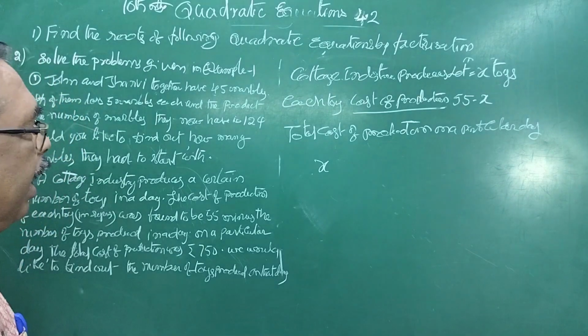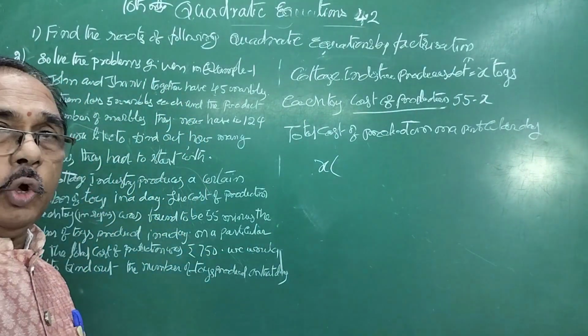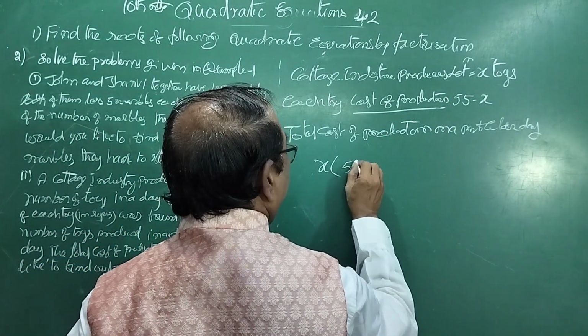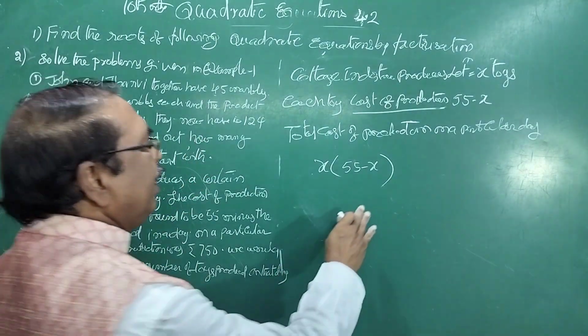One toy costs how much? It is 55 minus X. That is also given.